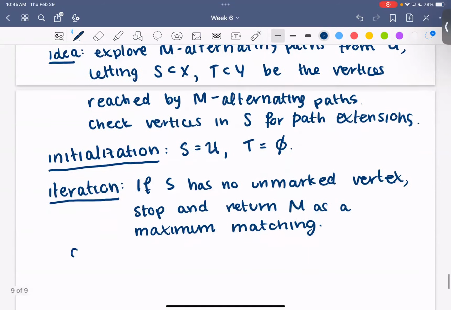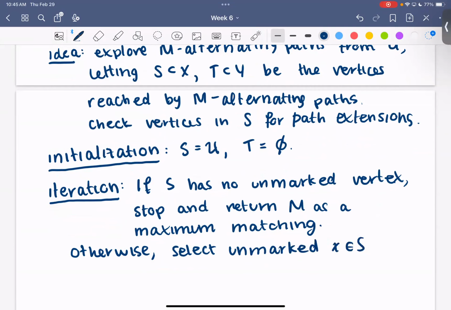And then otherwise, I'm going to select an unmarked X from S. And then I'm going to explore that vertex.